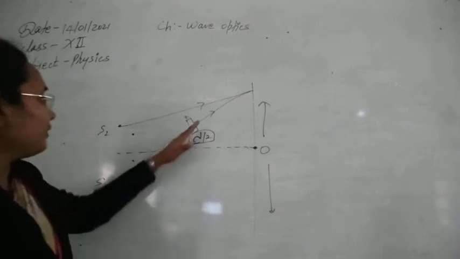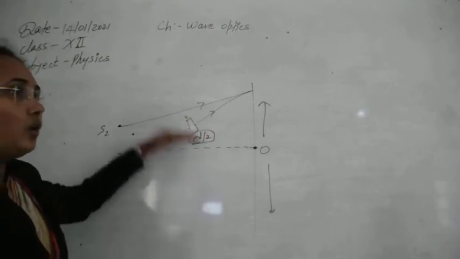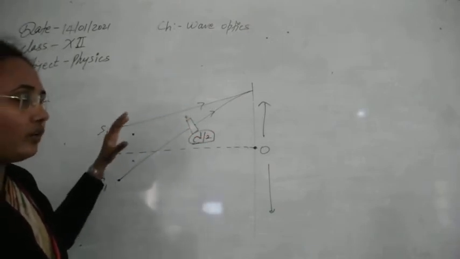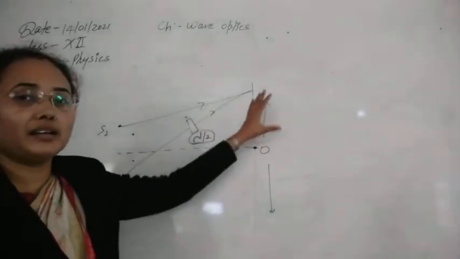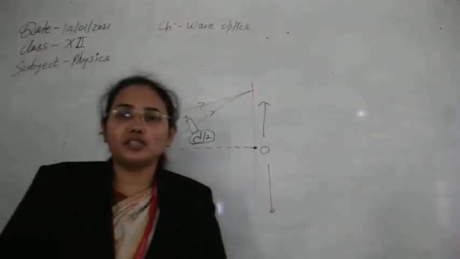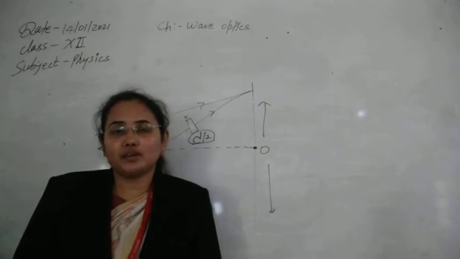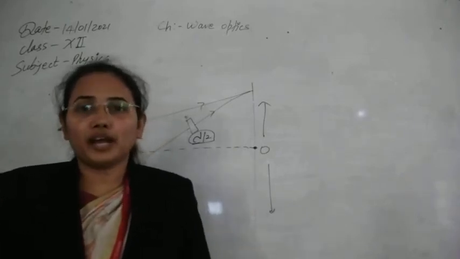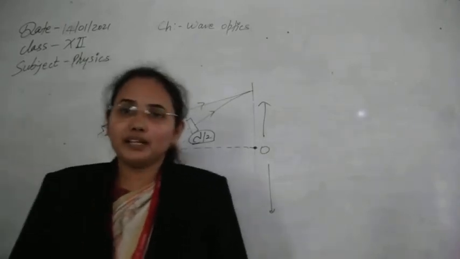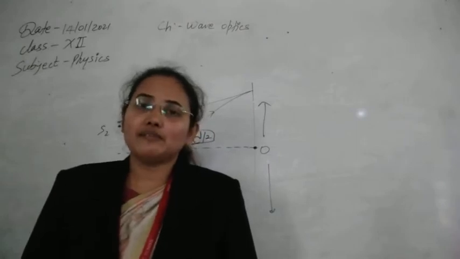Like if you put an obstacle on this side, light can only go on the other side, so only that side we will get the pattern, and this side we will get a shadow region. This phenomenon of light, for which we obtain this kind of pattern, is known as diffraction of light.